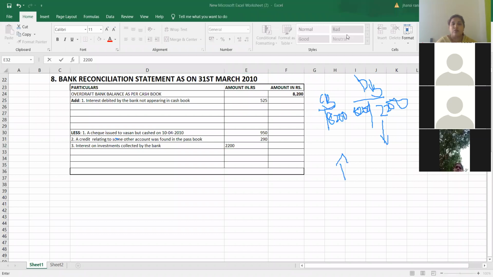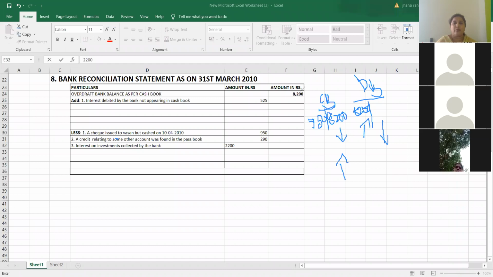As soon as we receive the check, we write in our cash book on the debit side the amount, a check worth rupees 750. But we deposited it after 31st March. So on the 31st March due date, the cash book is showing less balance and the passbook is showing more balance.